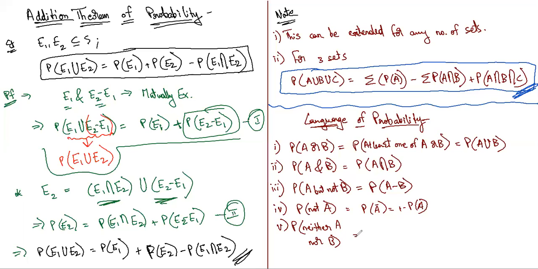Now think about it. How can we write this probability? Right? A union B complement. Yeah, very good. A union B whole complement. Or else using De Morgan's law, the same thing can be written as A complement intersection B complement. So A should not happen and B should not happen. That is what it means.